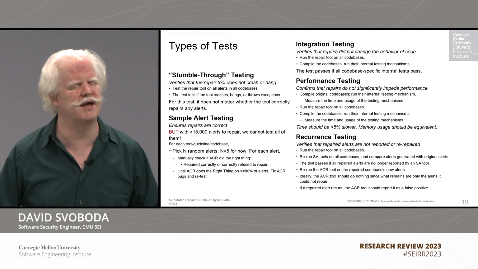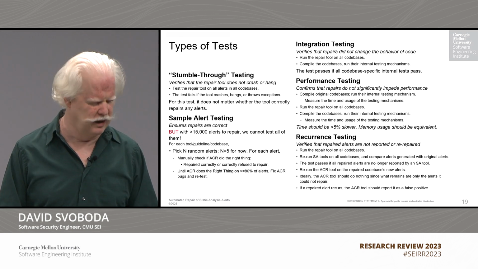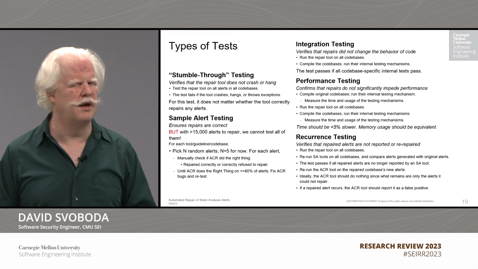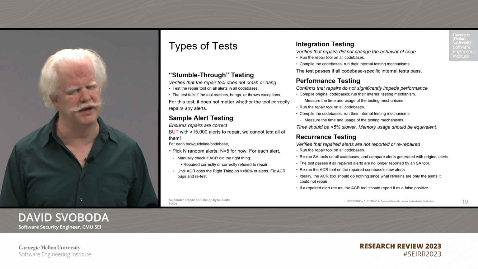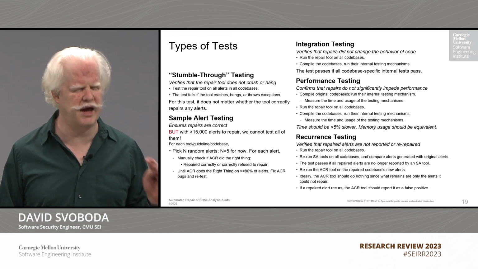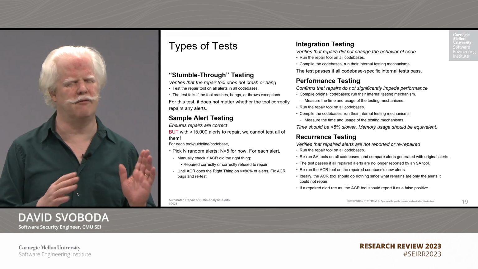Le deluge has hit us too. So what we're actually doing is sampling for each code base, analysis tool, and CERT rule. We're selecting 5 alerts at random from the set of alerts and making sure at least 80% of them are correct.